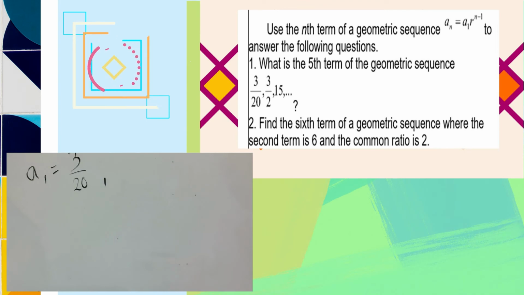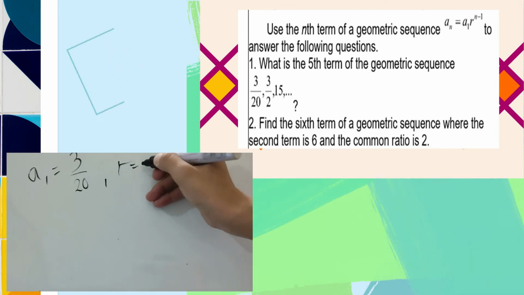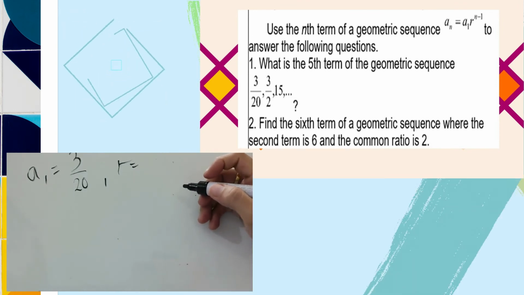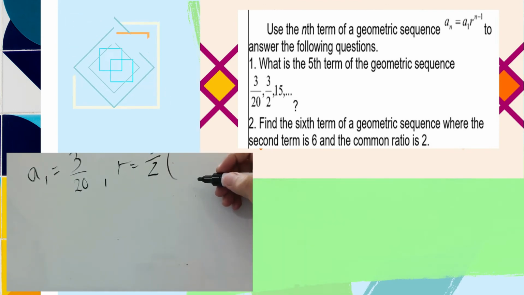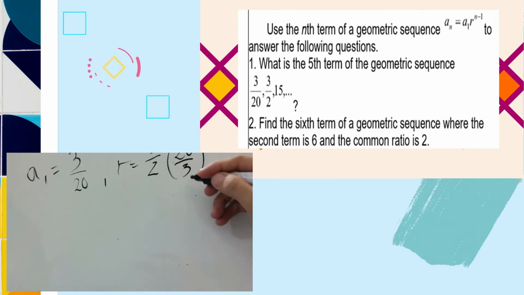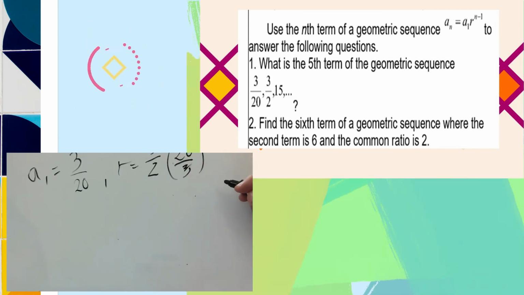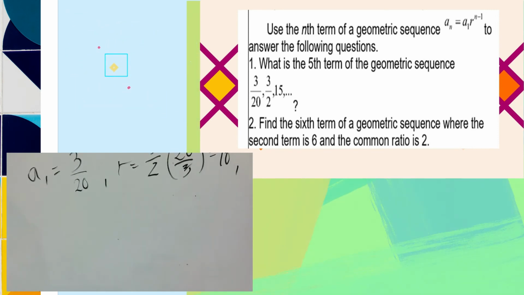Then your ratio is equal to 3 over 2 times the reciprocal, 20 over 3. So 20 divided by 2 is equal to 10. So that's your common ratio, 10.